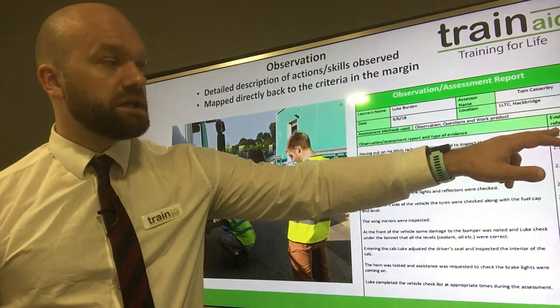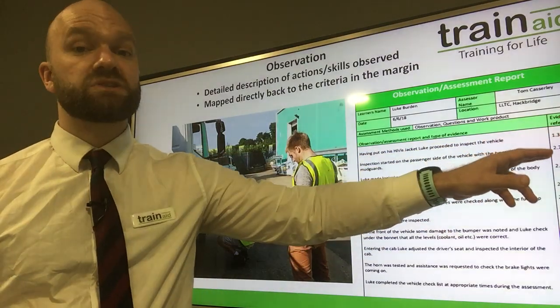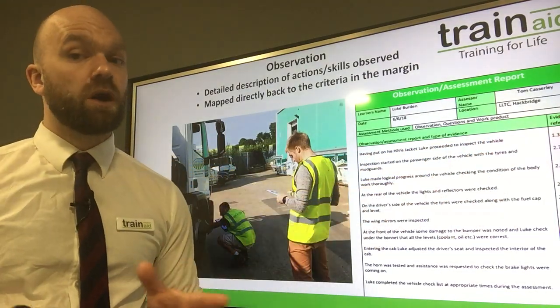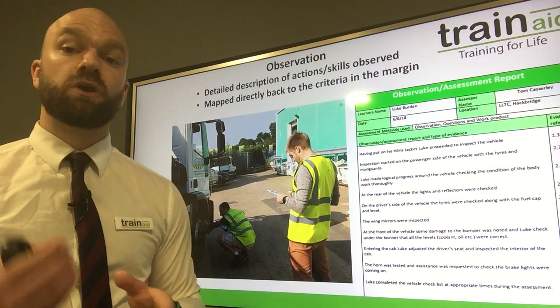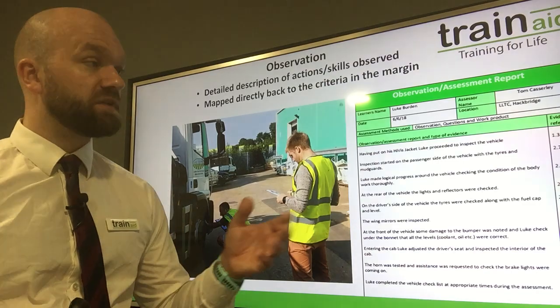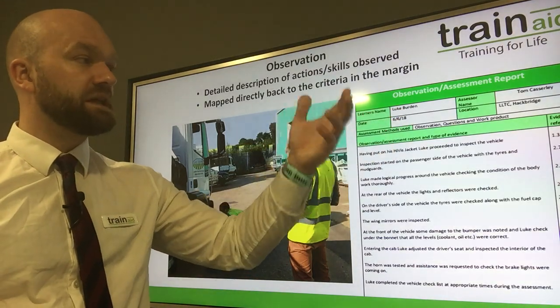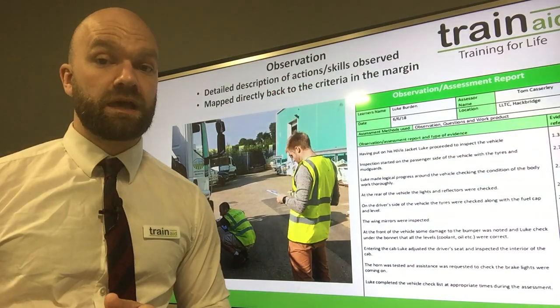You also need the evidence reference section to be completed as well. These are the standards which you are going to be assessing against. So your criteria should map up with the observation notes. But again, very important to include the assessment date and details there.